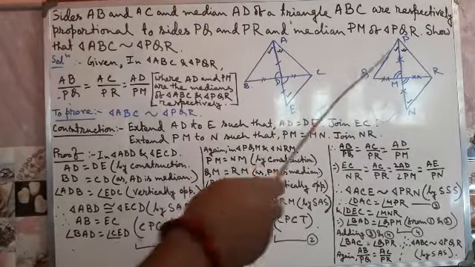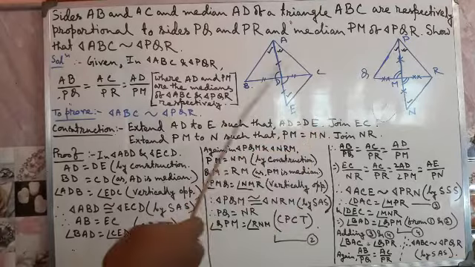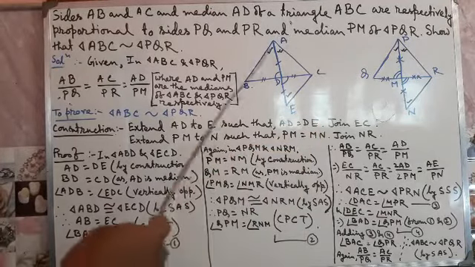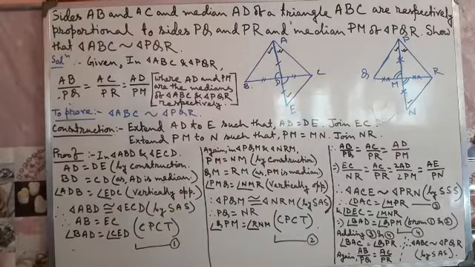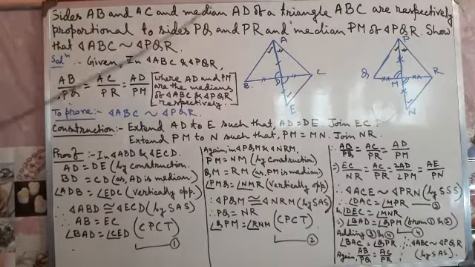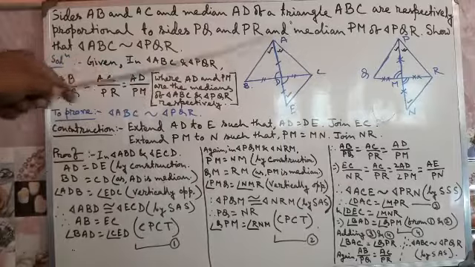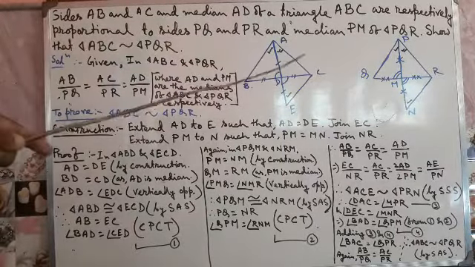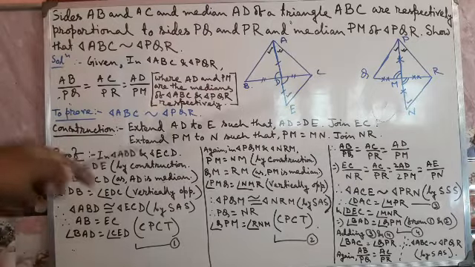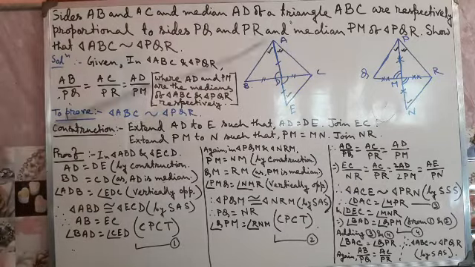This single marked angle and this double marked angle are equal. So adding, we get total angle A is equal to total angle P, and it is given that AB by PQ is equal to AC by PR. So by side angle side we can say that these two triangles are similar, that is triangle ABC is similar to triangle PQR.